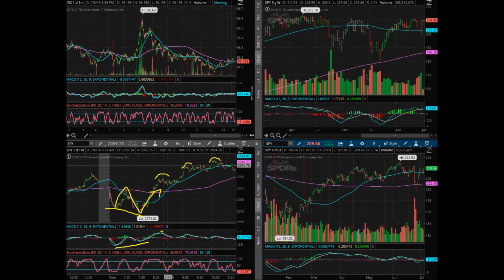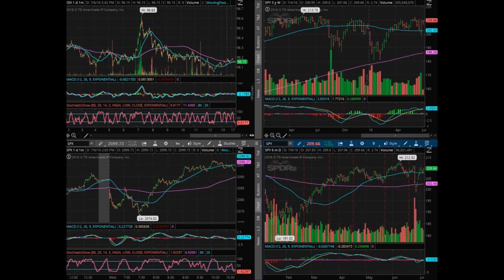And if you look down below, the MACD diverges the opposite way. So each one of these peaks are lower than the previous. So that may suggest that each one of these peaks in the S&P 500 is decreasing in strength. So you may see a pullback, and that's exactly what we saw.